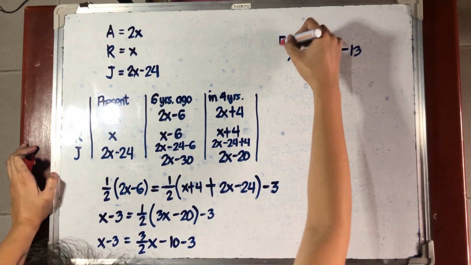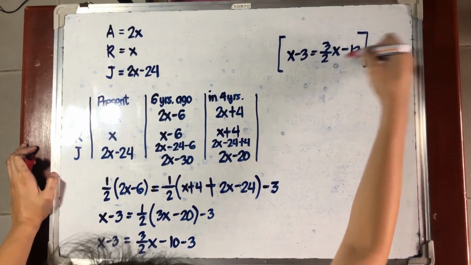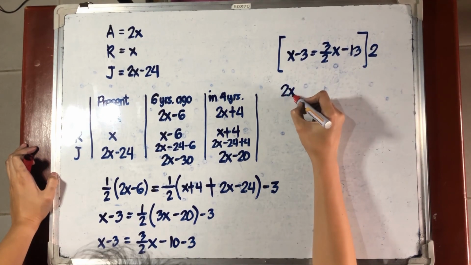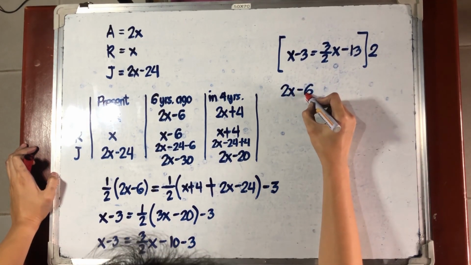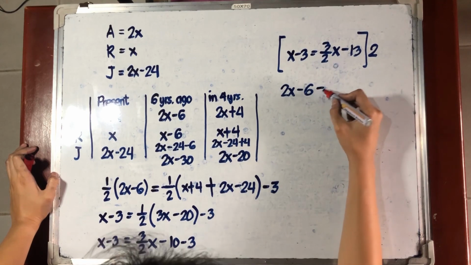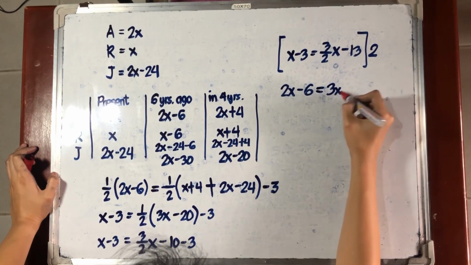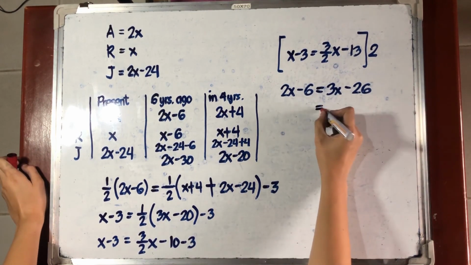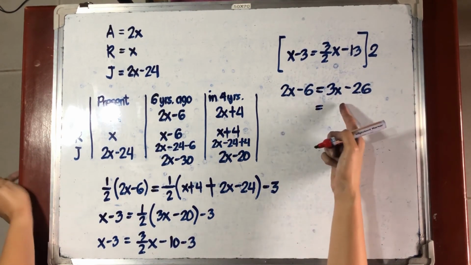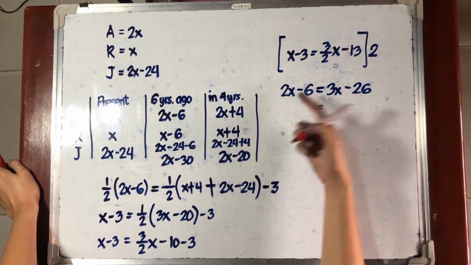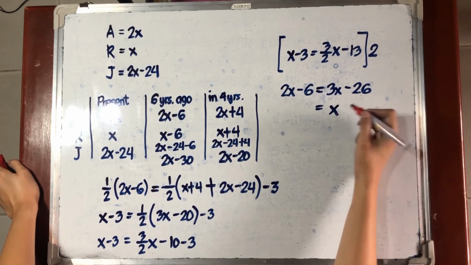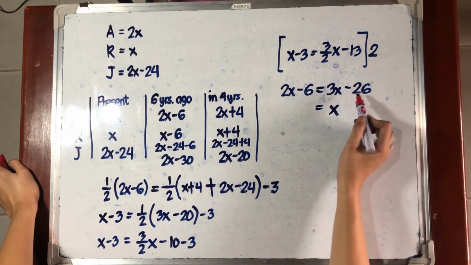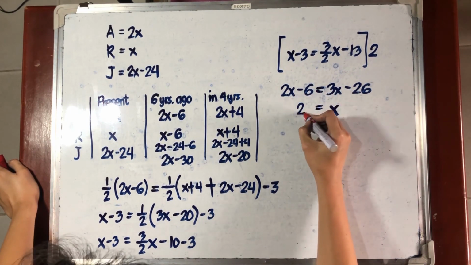To get rid of our fraction, we multiply both sides of the equation by 2. So this would become 2X minus 6. And makakancel na yung 2 dito, equal to 3X minus 26. Okay? Moving this 2X onto the other side, that would be 3X minus this 2X will give us X. And this onto the other side, negative 6 plus negative 26 would be 20.